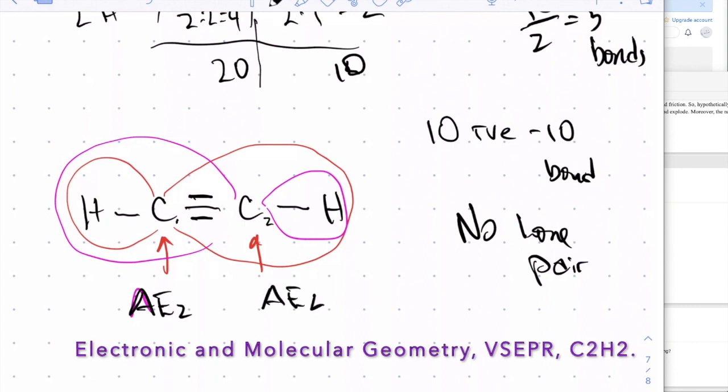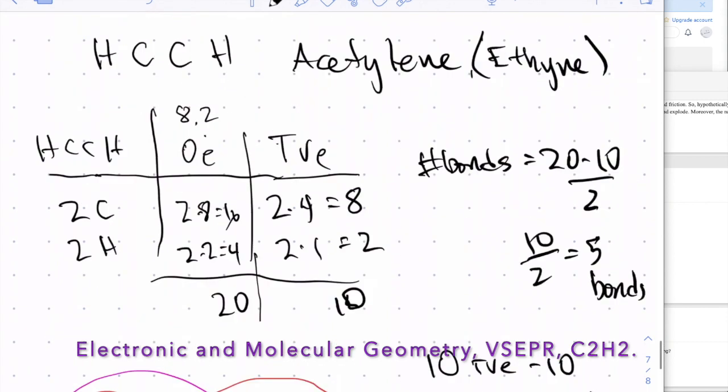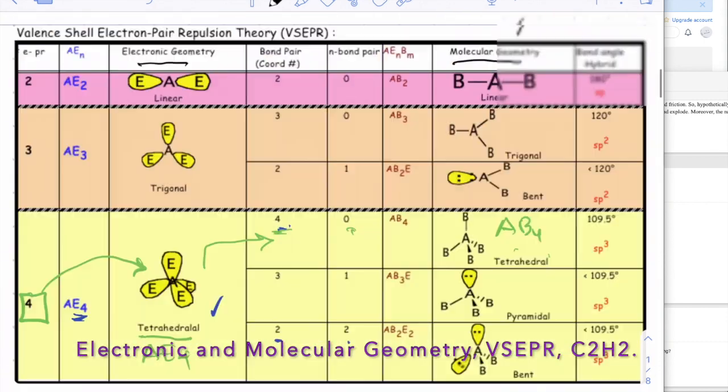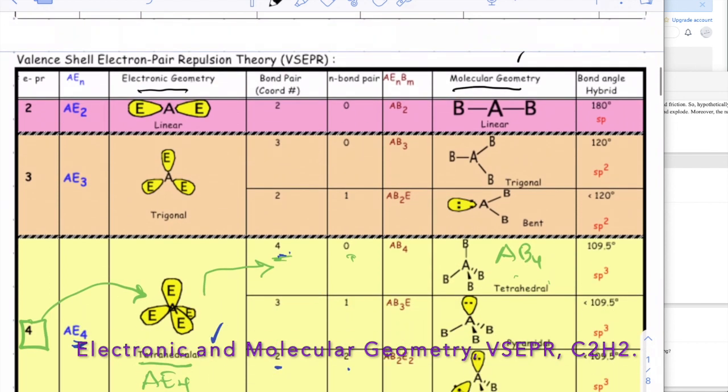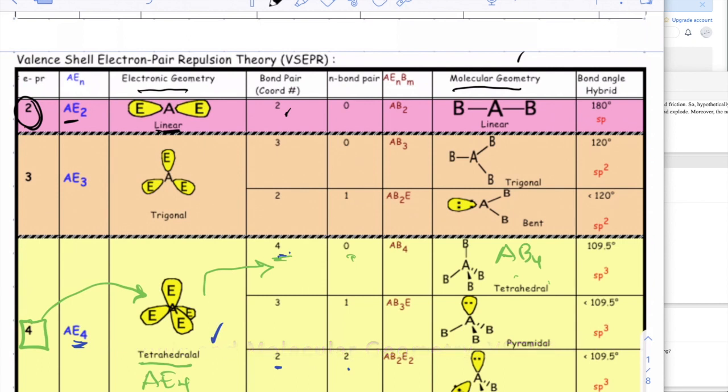At the end of each region, there are bonded atoms. There are no lone pairs, so it's AB2, AB2 as well. And again, if we look back in our VSEPR table, there are 2 regions of electron density right here. We're going to have a linear, it's an AE2 region, and there are 2 bonded atoms at the end of those regions. The molecular geometry is also linear right here.